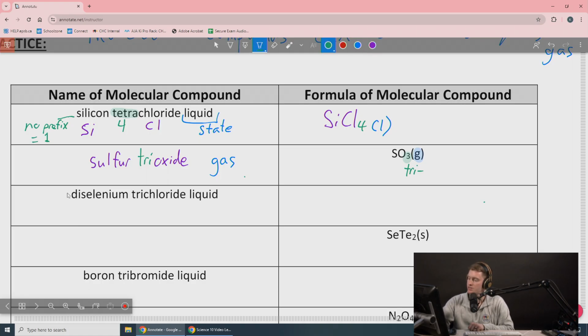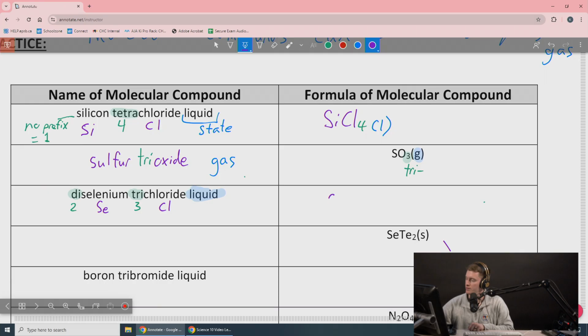Working through this next compound here, we have diselenium trichloride liquid. Di is the prefix that means 2. Tri is the prefix that means 3. Selenium has the symbol Se, and chlorine, which comes from our chloride, is the symbol Cl.